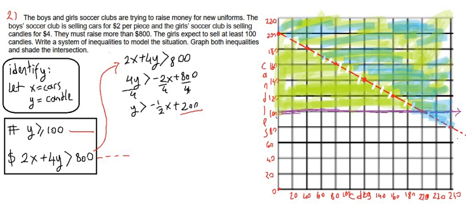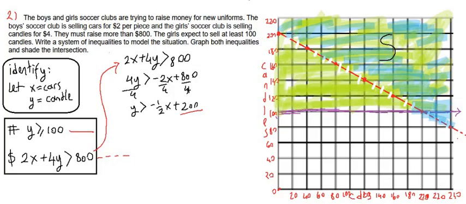So the double shaded zone is here. This is our feasible region, or solution set. Any combination of the dots in this zone solves the problem, satisfying both inequalities.